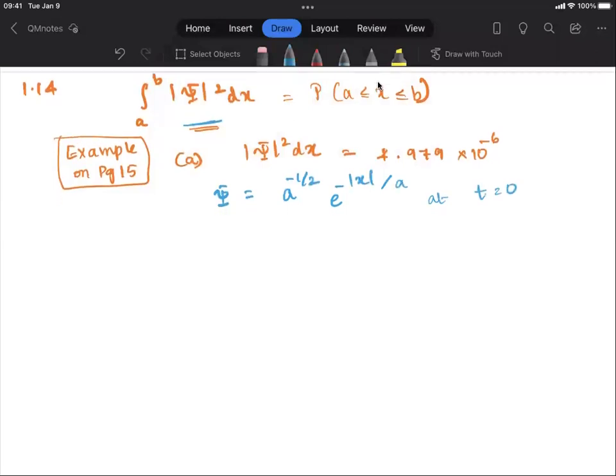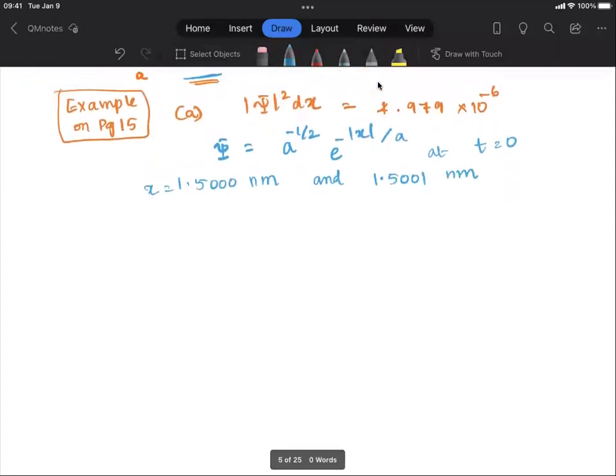Now we are looking to find the particle between 1.5 nanometers and 1.5001 nanometers. So the value of psi squared is going to be 1 over a times e to the negative 2 modulus of x over a.